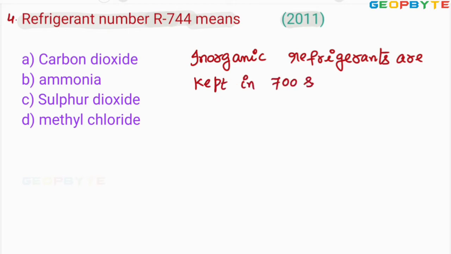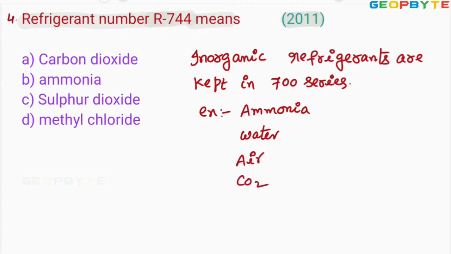700 series. Examples for inorganic refrigerants: ammonia, water, air, carbon dioxide, SO2. These are all coming under inorganic refrigerants.